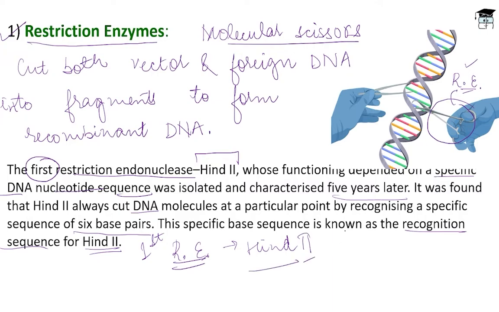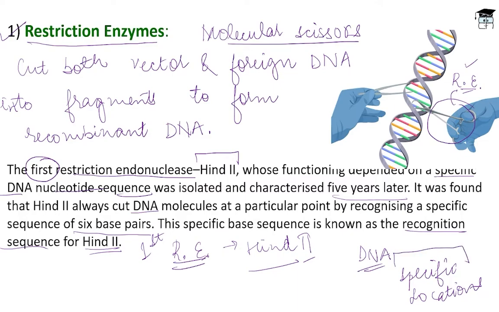This restriction enzyme has a property that it always cuts DNA at specific locations. That means it does not cut DNA just anywhere. That is what I said before, right? You cannot just cut the gene out of the vector anywhere. You will only cut it in the conferring positions or in the specific locations.